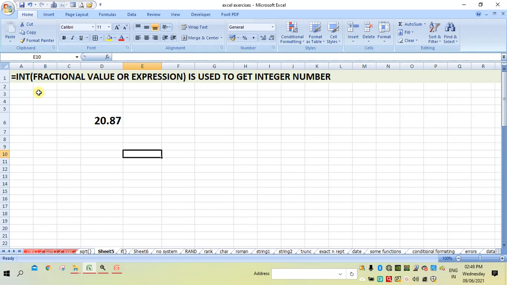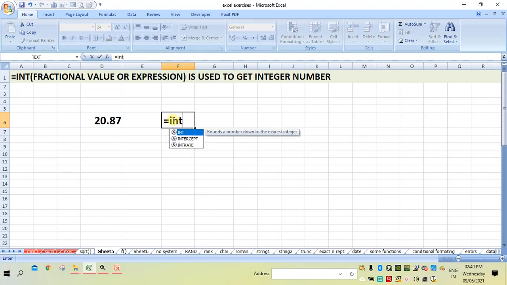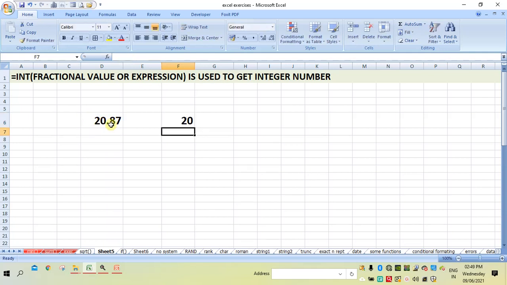The syntax is equal to INT in brackets. Either you can write the fractional number or you can write the cell address. In brackets, specify the address of the number, that is the cell address. So you will get 20.